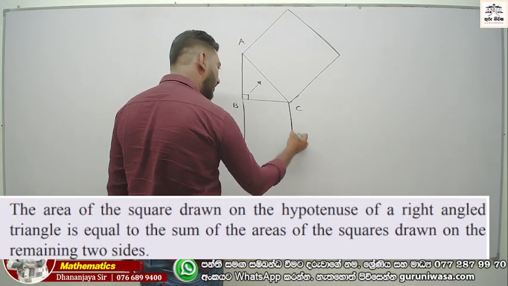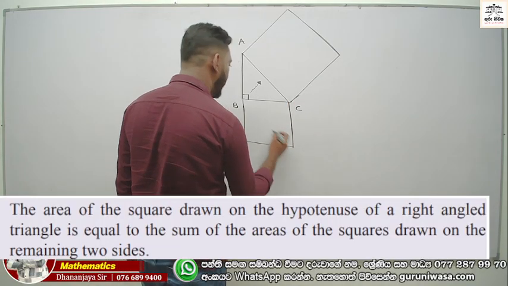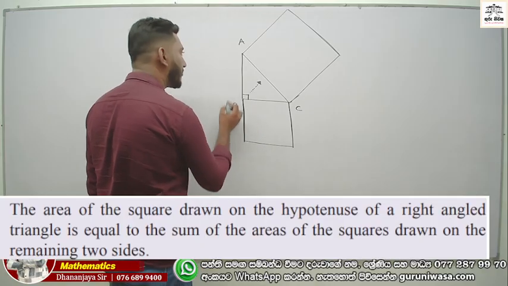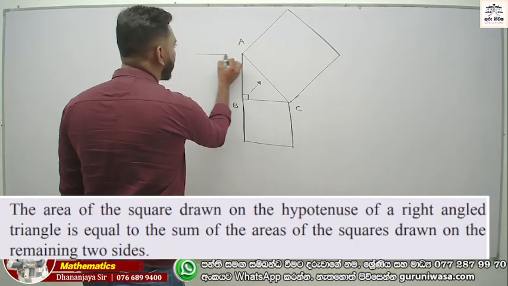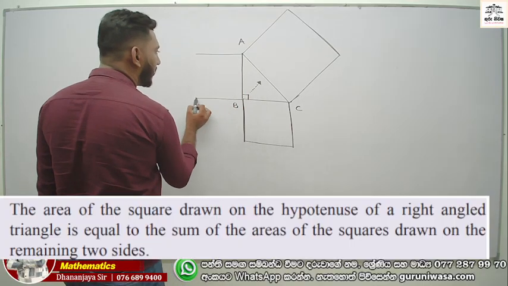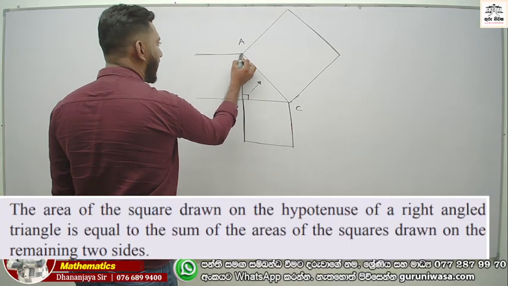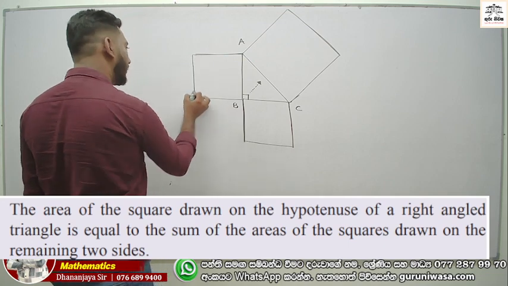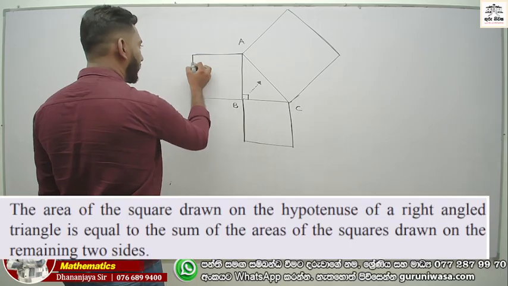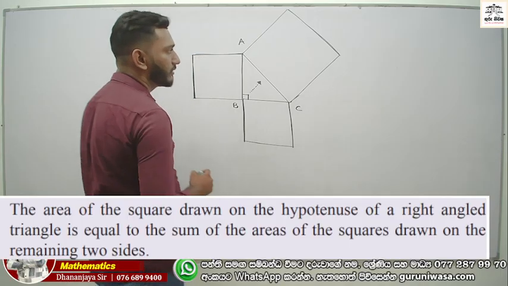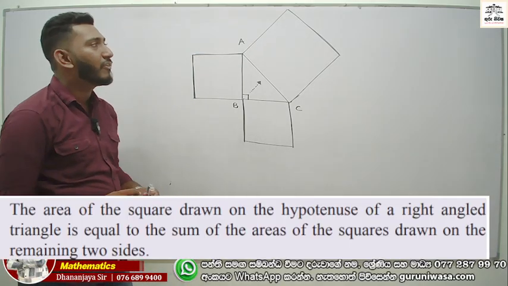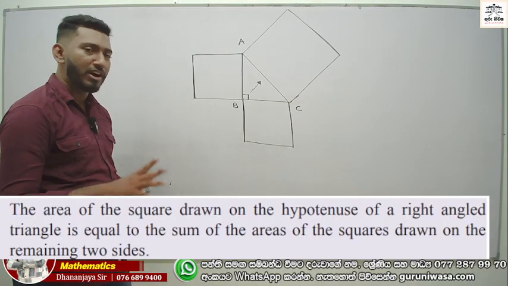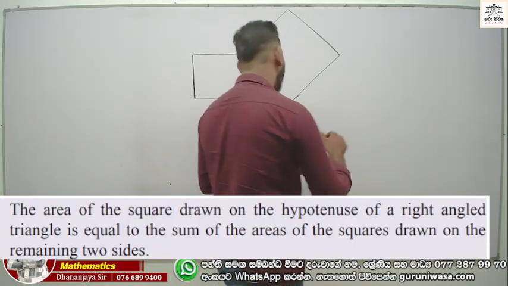Now I'm going to draw another square on the side BC, as well as another square on the side AB, like this. Right. Now everyone knows how to find the area of a square. Now tell me how to find the area of this square.